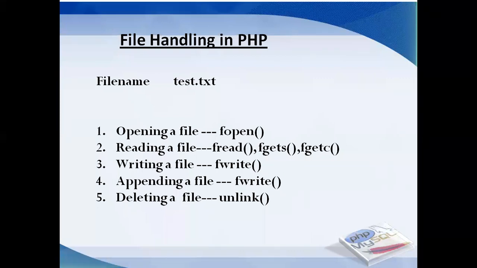Here I am explaining what operations you can do using files. You can open your file or you can read that file. After opening your file, you can read that file also, right?